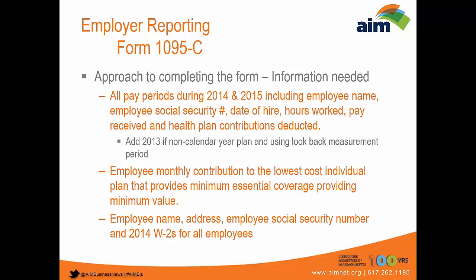So in terms of the additional year, we're saying that employers for us that have 12-month measurement periods for non-calendar year plans are going to have to pull 3 years worth of data. That's where 2013 comes in. That's correct, because let's say the plan renews on June 1st.